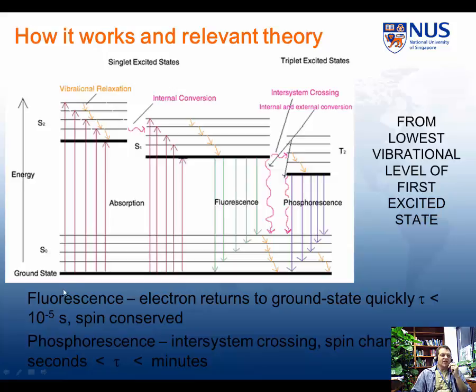And so let's just be clear, for fluorescence, the electron returns to ground state quickly, less than 10 to the minus 5 seconds, and the spin is conserved. For phosphorescence, you get an intersystem crossing and a spin change, and the time scale of that can be seconds to minutes, which is why when you turn the exciting radiation off with phosphorescence, it keeps glowing.